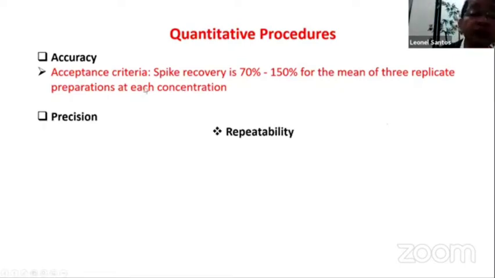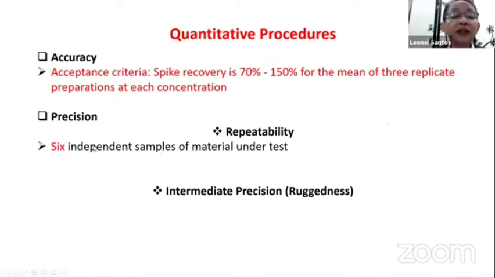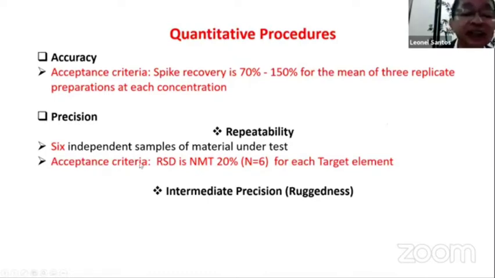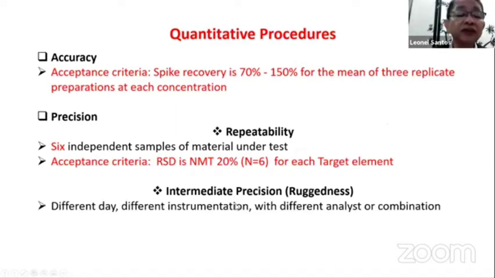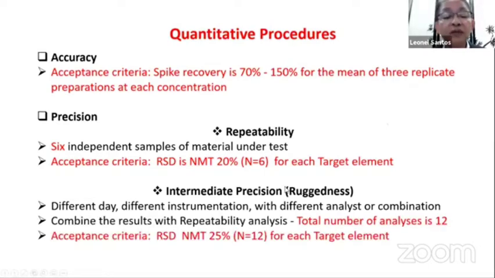In terms of precision, when you're developing a quantitative procedure for elemental impurities, the repeatability can be done using 6 independent samples of material under test, and the acceptance criterion is an RSD of not more than 20%. You need to do intermediate precision also, which is a different day, different instrumentation, different analysts, and an N, or number of analyses, of 12 would require an RSD of not more than 25% for each of the target elements.